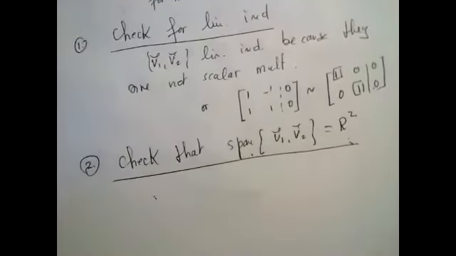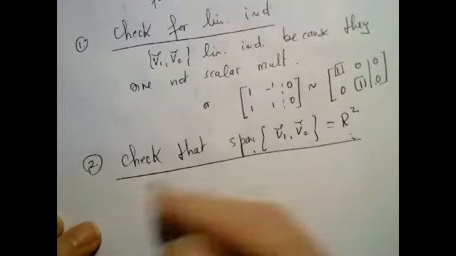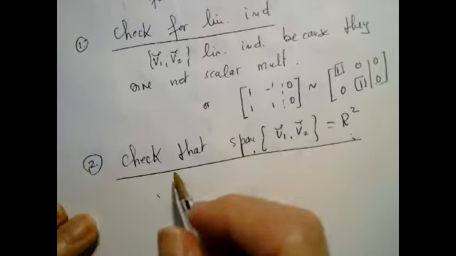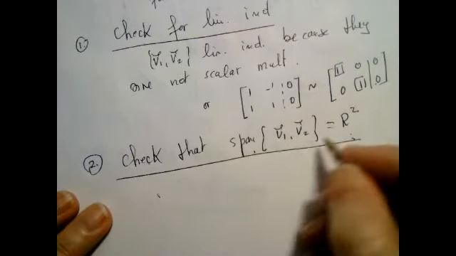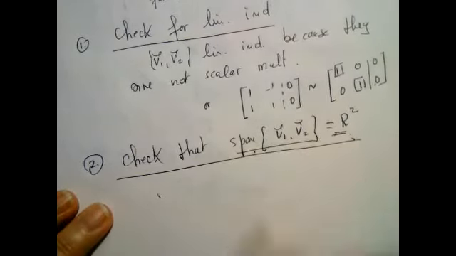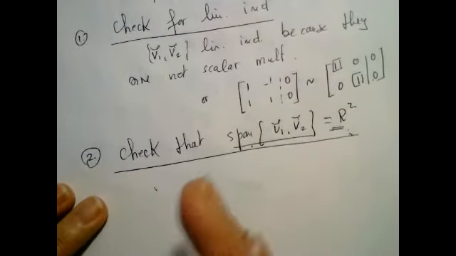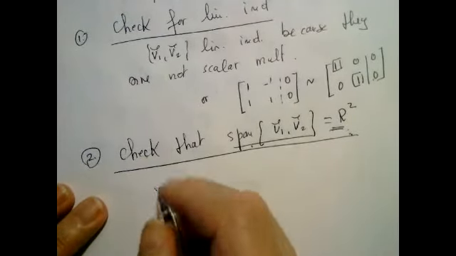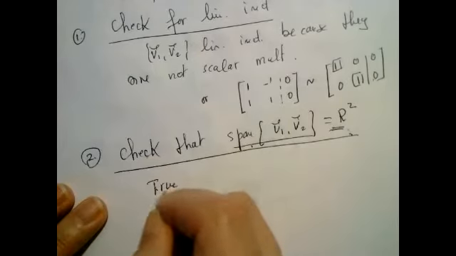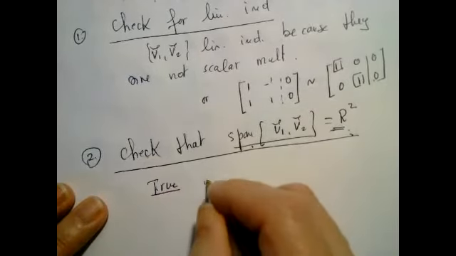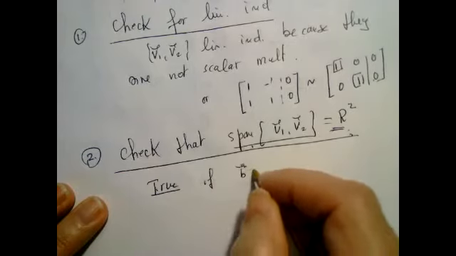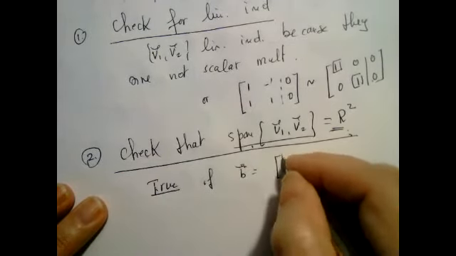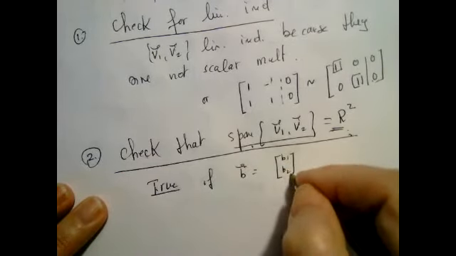Now, algebraically, because the geometry carries so much, we have to check that everything in R2 is a linear combination. Let's see why this is true. I'm going to give you two reasons. Suppose B is any vector in R2, B1, B2.